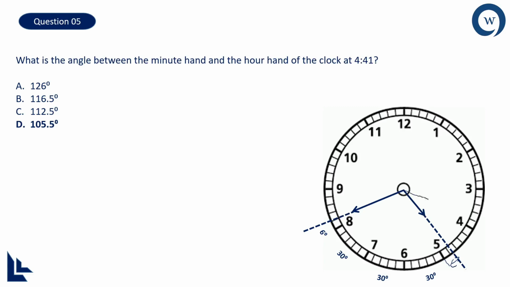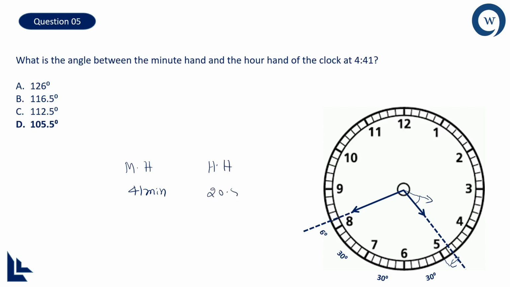At 4 o'clock, hour hand was pointing to 4, and now it is pointing somewhere to a region which is close to 5. Why this deflection happened? That deflection happened only because minute hand has made a deflection of 41 minutes. Now you tell me, for 41 minute deflection in the minute hand, what is the angle covered by the hour hand?